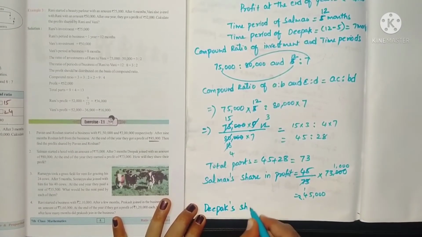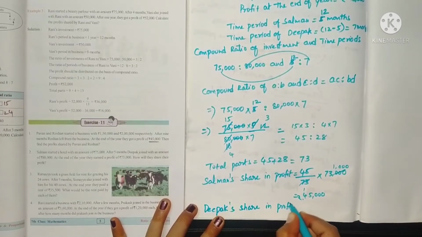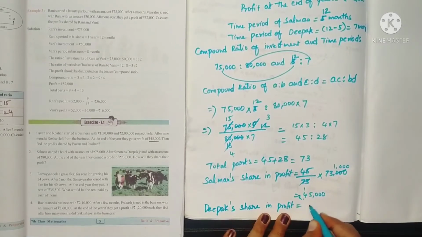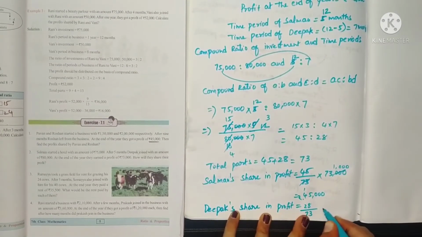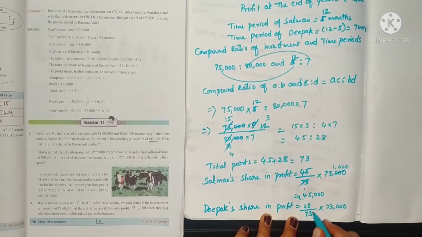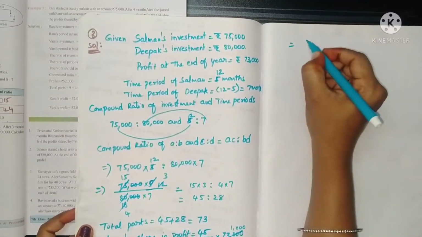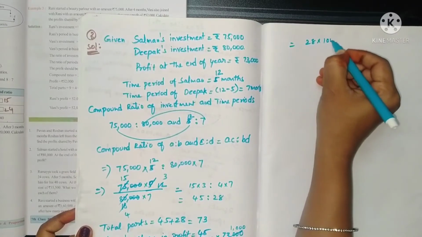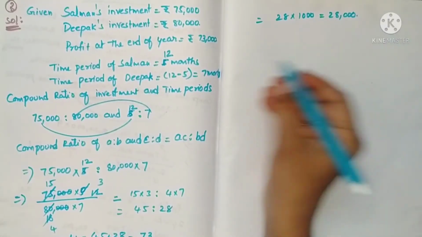Okay, Deepak's share in profit is equal to, how many parts will he get? 28 out of 73 into 73,000. Okay, so cancel 1000. So now 28 into 1000, that is 28,000.